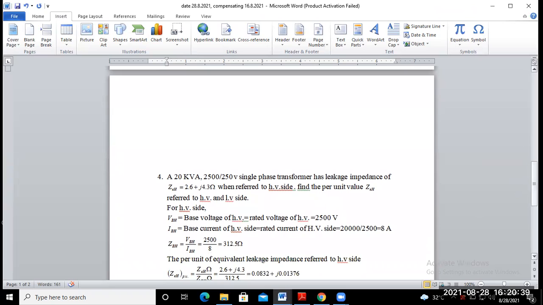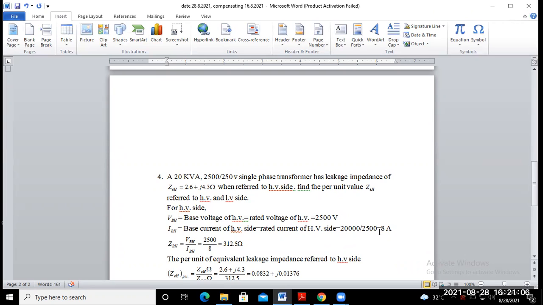Okay, so you just find out here the value of base current on the high voltage side. That means power divided, 20,000 divided by 2,500, that is nothing but 8 ampere. Now you can find out the base impedance on the high voltage side.